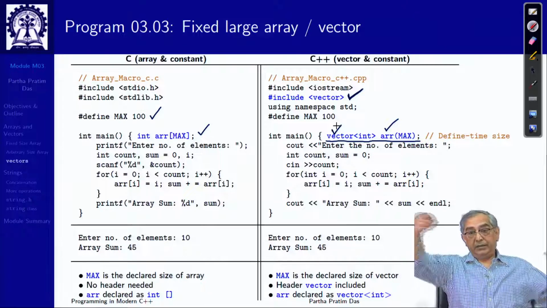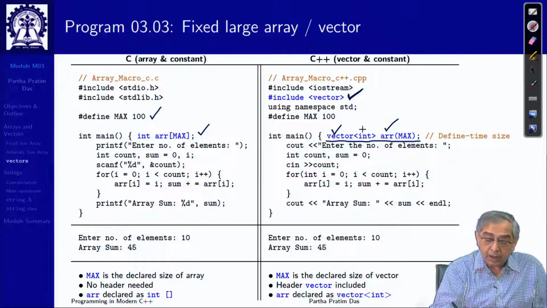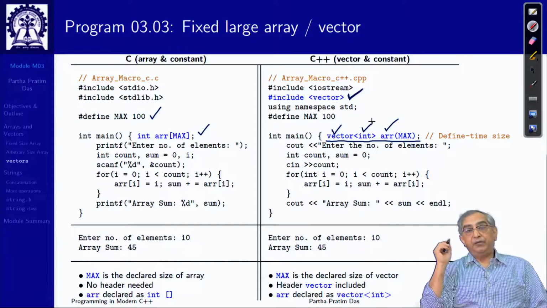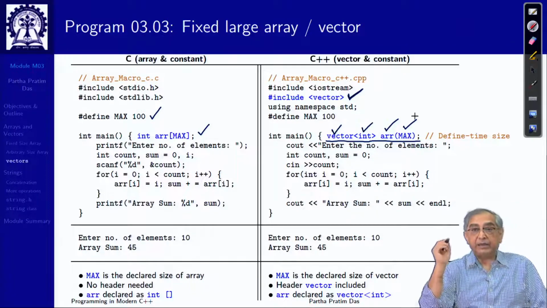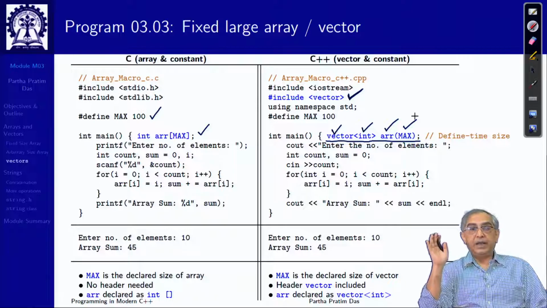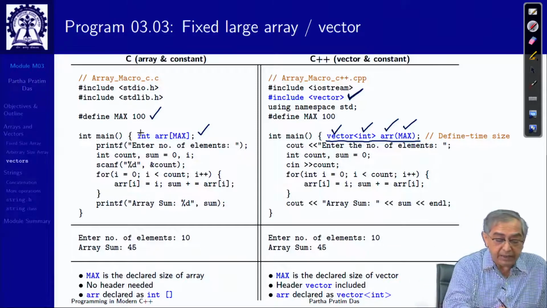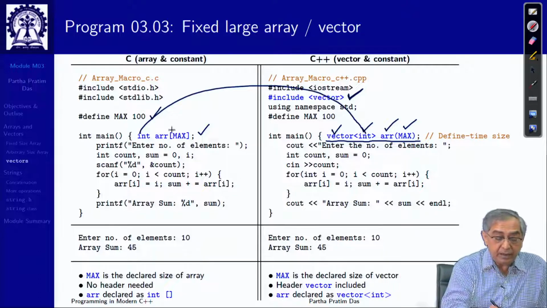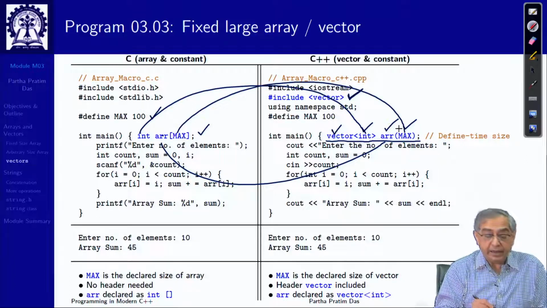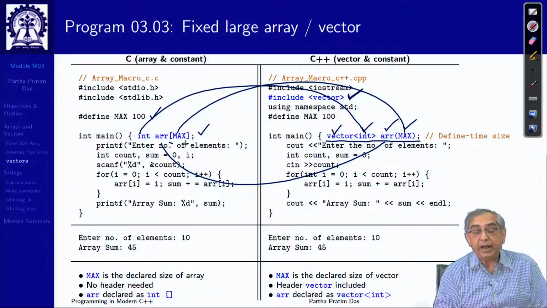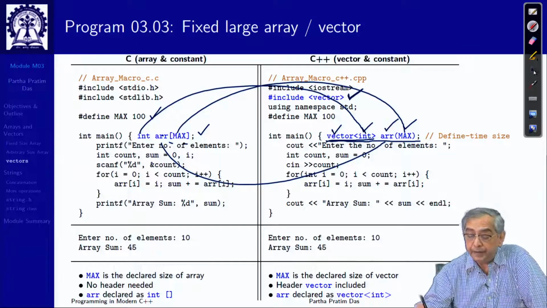Vector is like one dimensional consecutive locations. I want those locations to be of int type, and at the time of declaration, at the time of definition, I want the size, or the number of such ints, as max. So, you can relate that int comes here, array name is here, the size is here, and instead of this built-in array, I do this vector stuff, a particular notation.